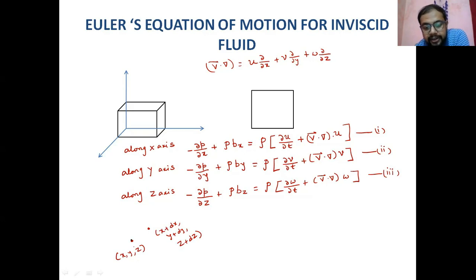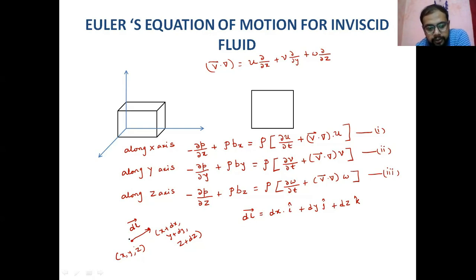If you join these two points by a vector, the vector is defined by dl, the length element. So what is dl? dl is nothing but dx along i, dy along j, dz along k.